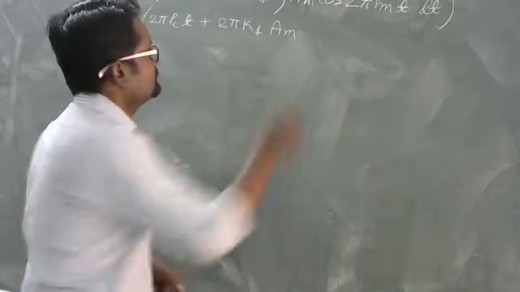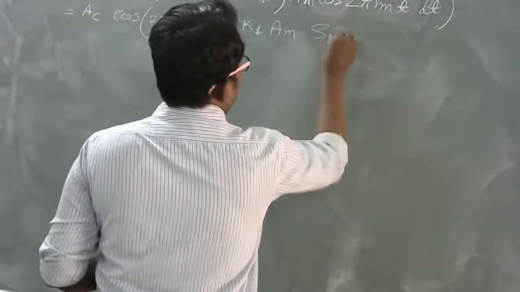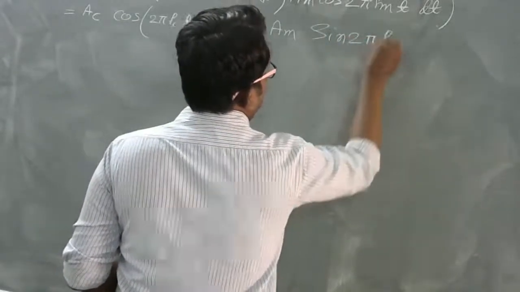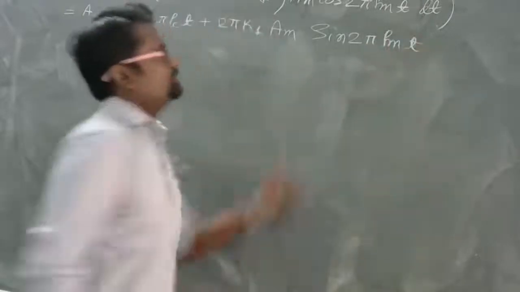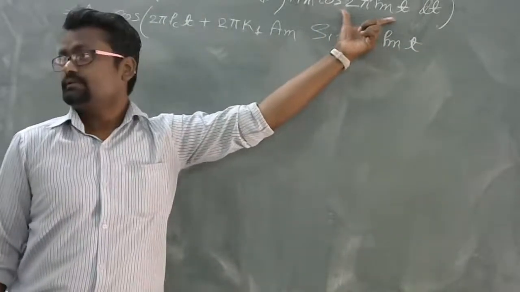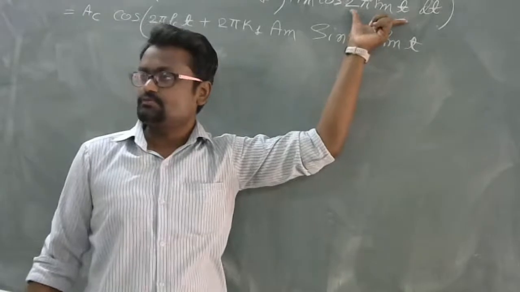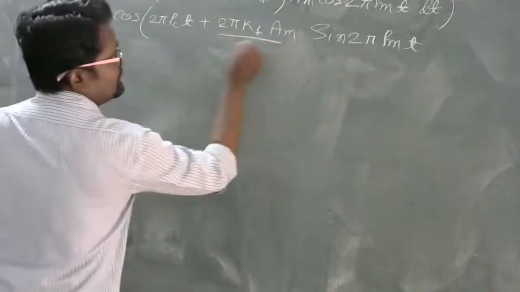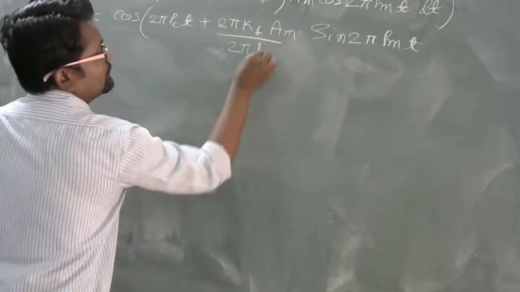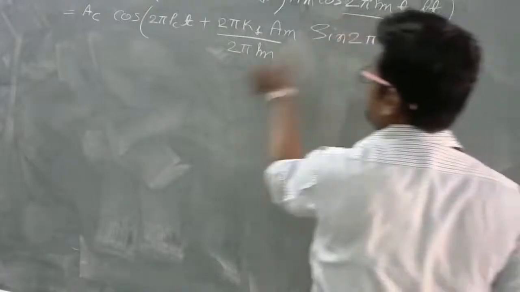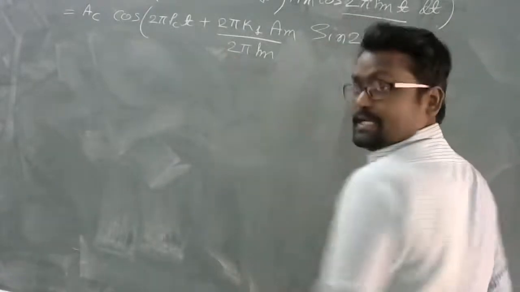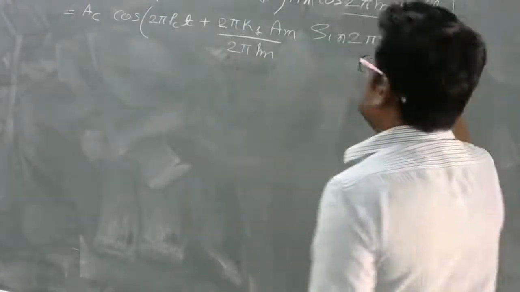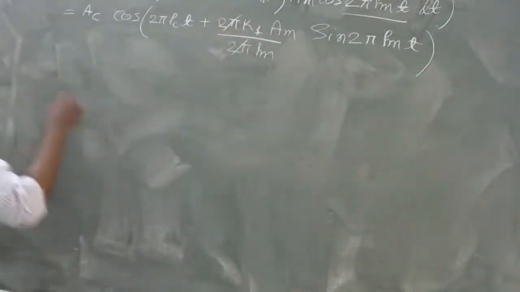Sin 2 pi fm t. And when we integrate 2 pi fm t, we will get 1 upon 2 pi fm on the outer side of the integration. So now this 2 pi and this 2 pi will cancel out.